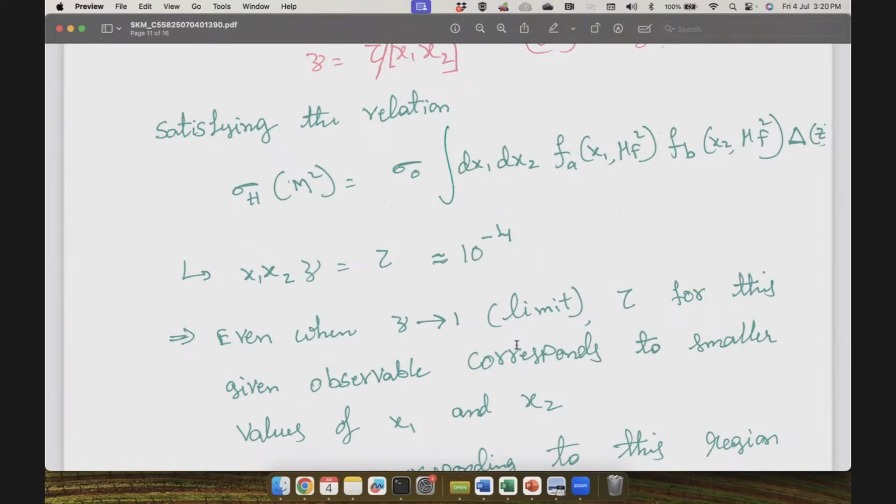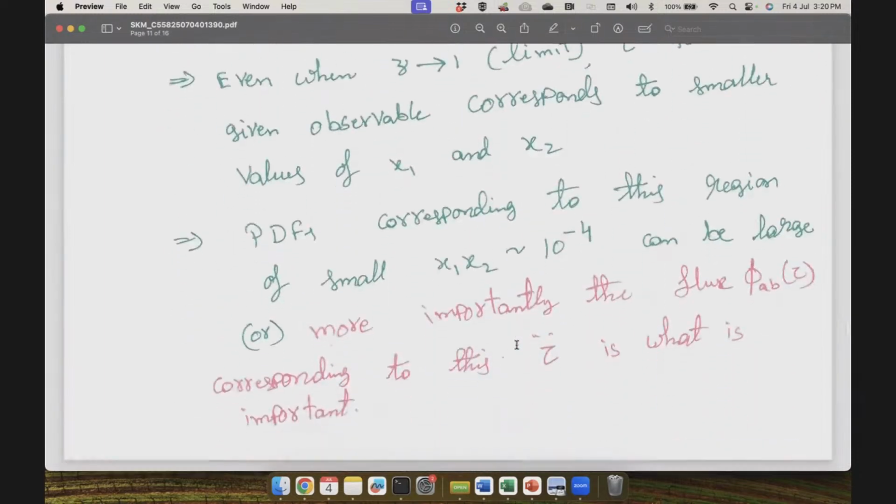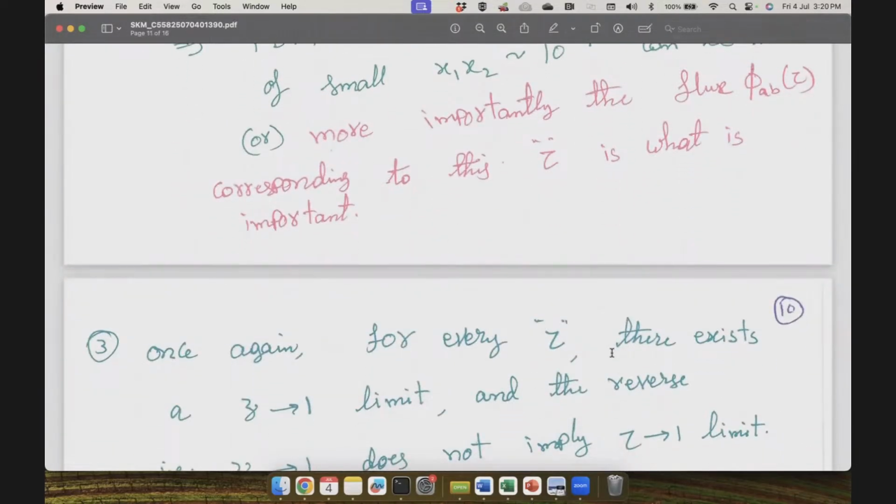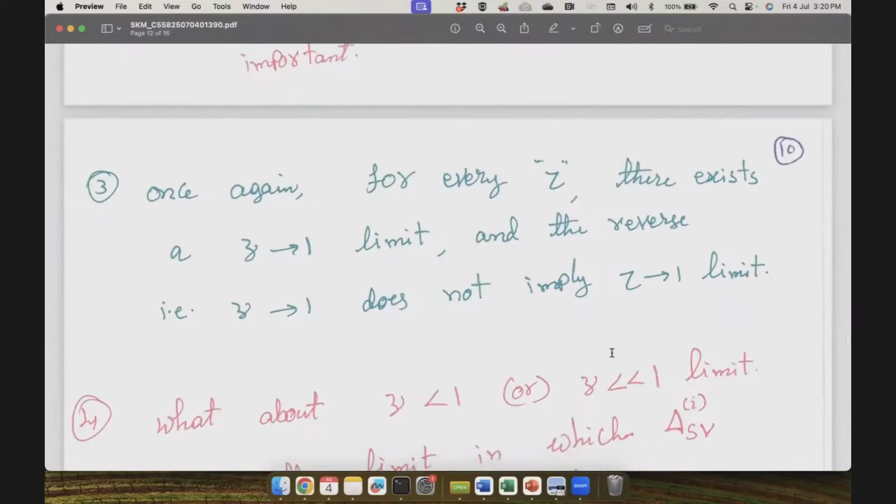But what is getting convoluted with these coefficient functions is more important here. That is the fluxes that we have in the picture. More importantly, the flux phi of tau corresponding to the tau equal to 10 power minus 4 region is the most important region. I will show towards the end one flux plot. How does it look?